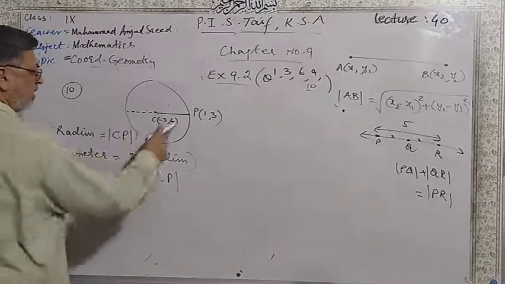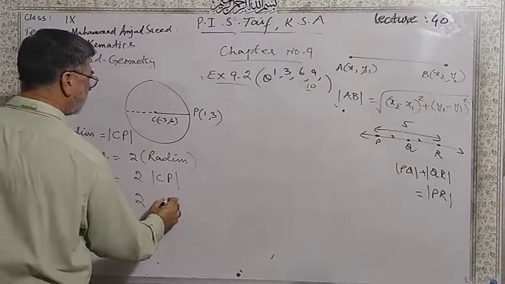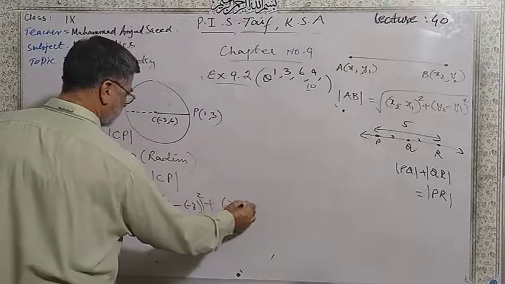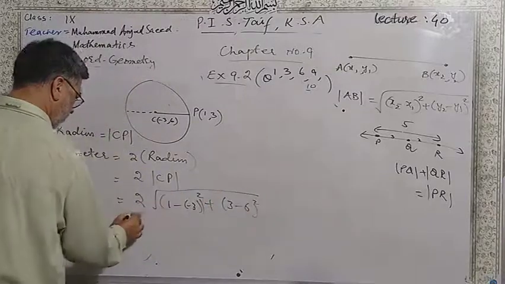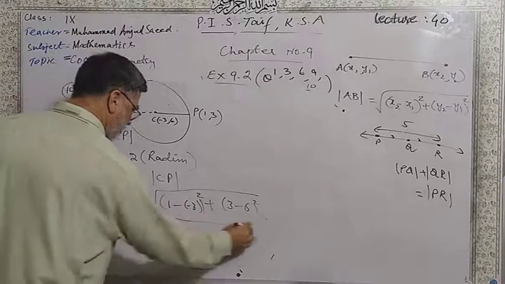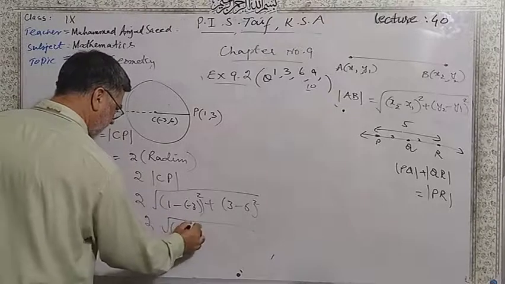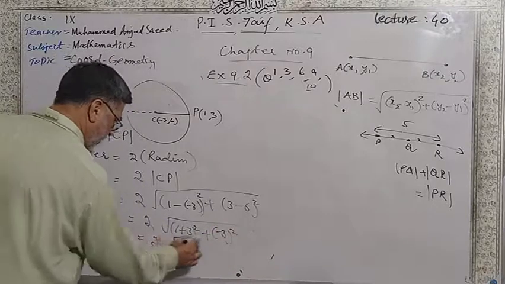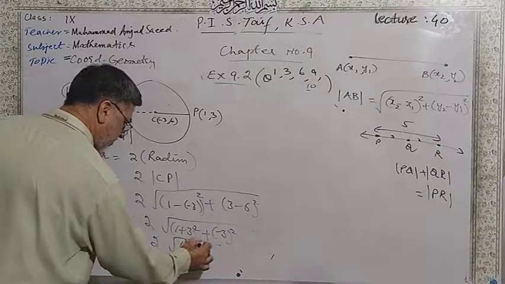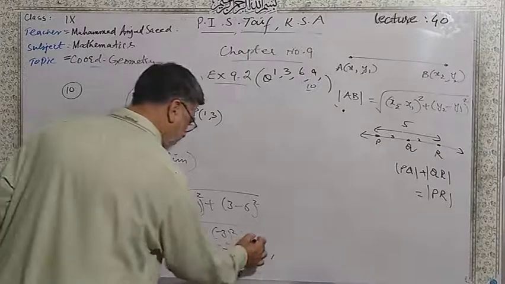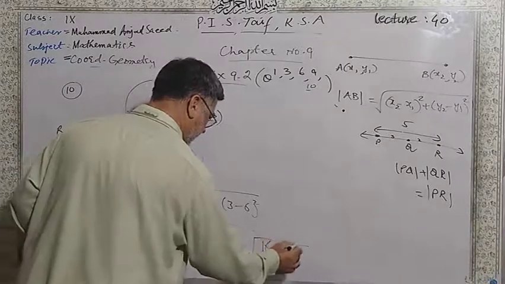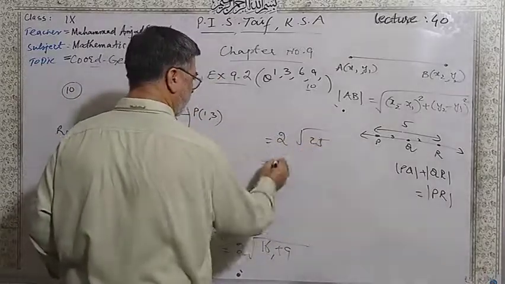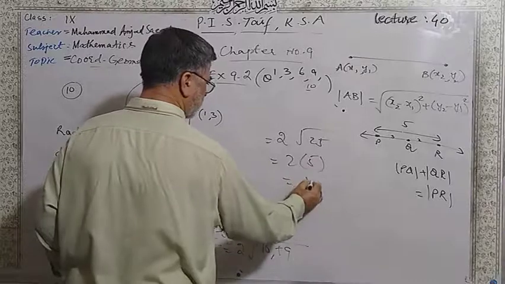What about CP? First minus first whole square plus second minus second whole square, whole under root. 2 into root of (1 plus 3) square plus (3 minus 6), which is -3 square. 2 into root of 4 square plus 3 square, 2 into root of 16 plus 9, 2 into root 25. 2 into 5 is 10.